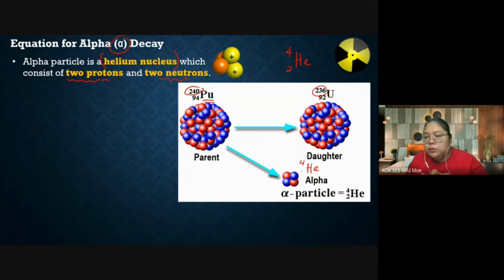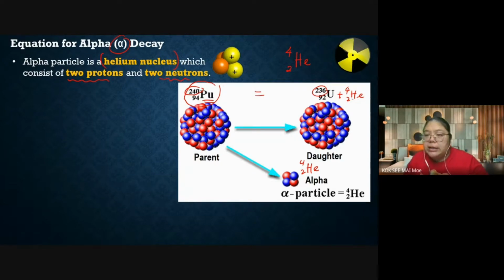So we need to know that the nucleon number before decay must equal the nucleon number after decay. So that means 236 plus helium, 4 and 2, after adding together should be the same as the original. You can see the proton number is also the same. Pu is 94, after decay becomes uranium at 92. So that means something came out, and the something that came out is alpha.